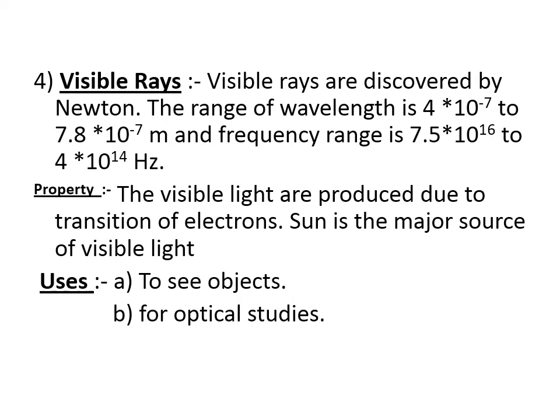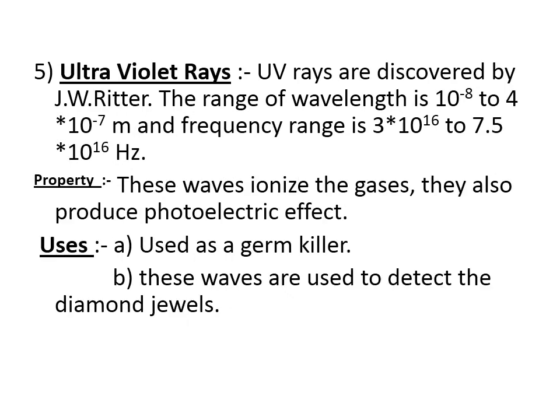Okay. Next one is ultraviolet rays. Ultraviolet rays, also known as UV rays. UV rays are discovered by J.W. Ritter. The range of wavelength is 10 raised to the power minus 8 to 4 into 10 raised to the power minus 7 meter.